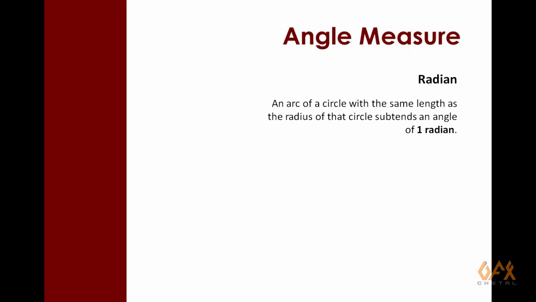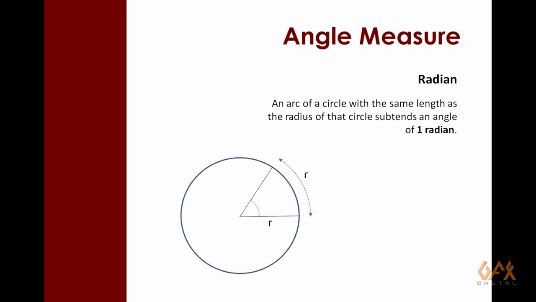So what is a radian? An arc of a circle with the same length as the radius of that circle subtends an angle of 1 radian. Like this is my radius, and this is an arc of the same length as this radius. So this angle is called 1 radian.